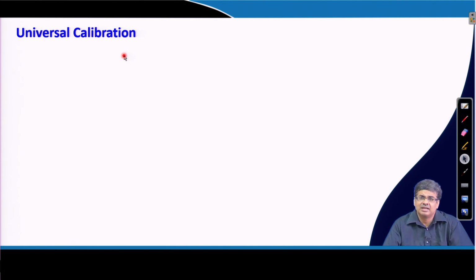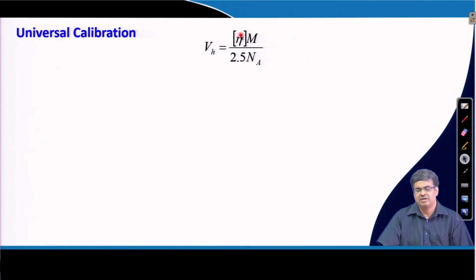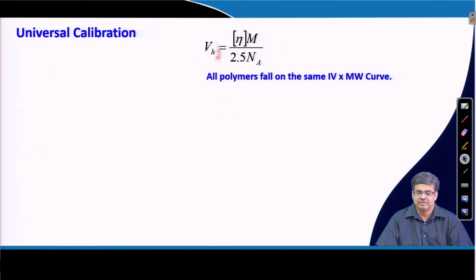So, there are different ways to use universal calibration to remove this relative measurement. For example, we know this equation where the hydrodynamic volume depends on the multiplication of intrinsic viscosity and molecular weight. Hence, if we plot VH against intrinsic viscosity multiplied by molecular weight, then no matter what the polymer is, or what the shape is, all samples will fall on the same curve.